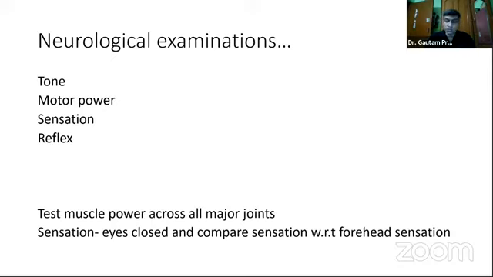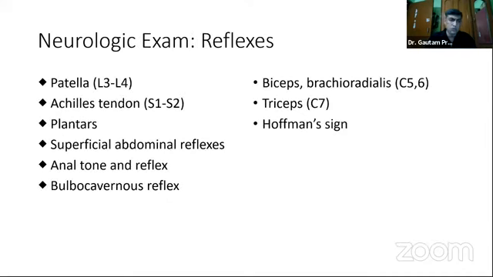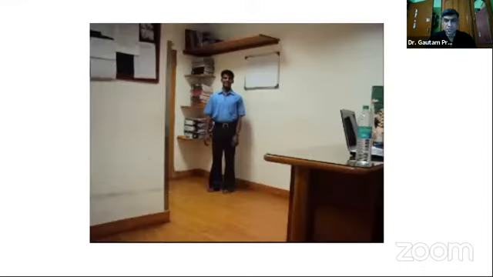In reflexes, one should elicit the deep as well as superficial reflexes and take care not to miss the abdominal reflexes, anal tone, and anal and bulbocavernosus reflexes, especially if we are dealing with a neurodeficit case.